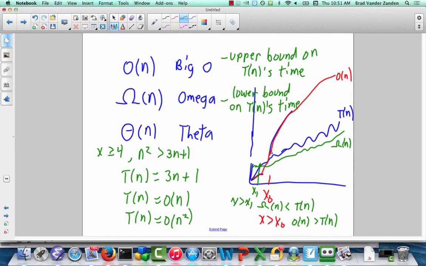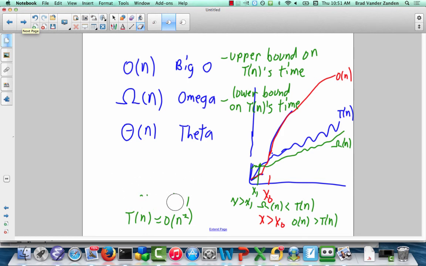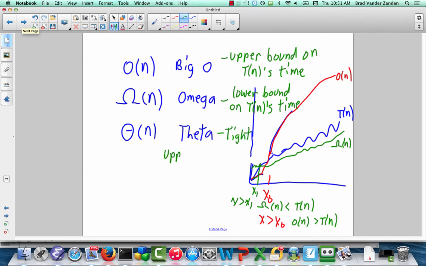What we want is a tight bound. So theta is our tight bound on it. I'll just say for a moment, tight upper and lower bound.